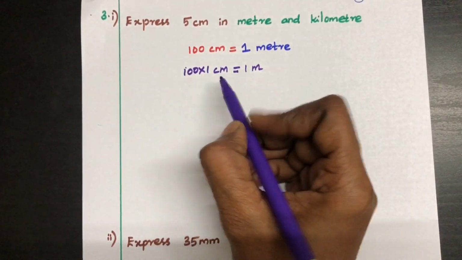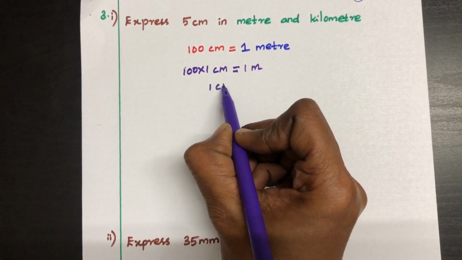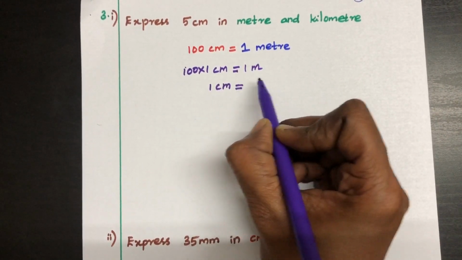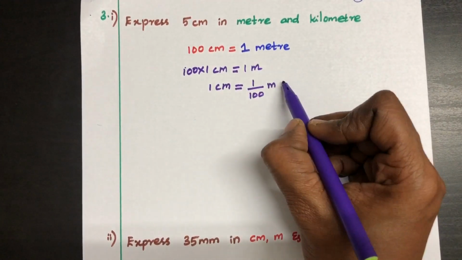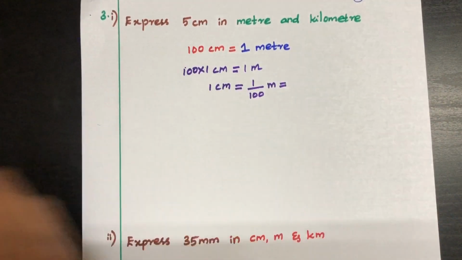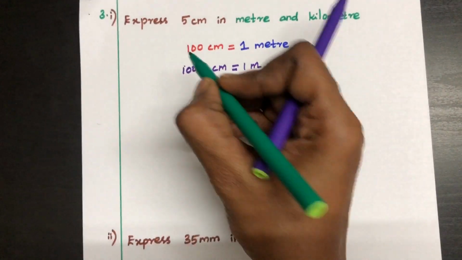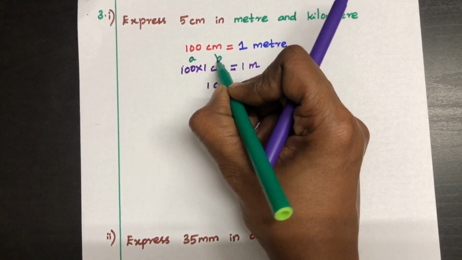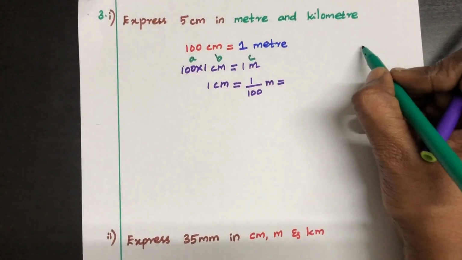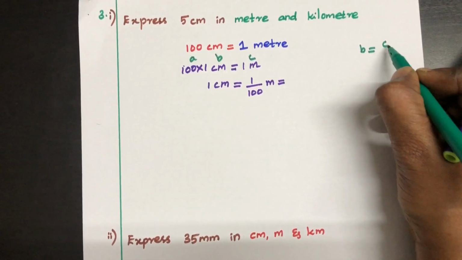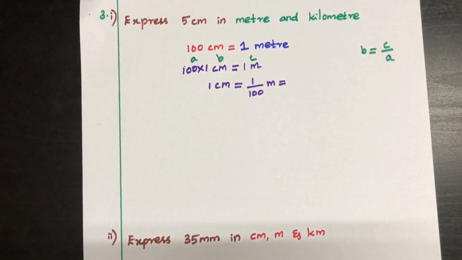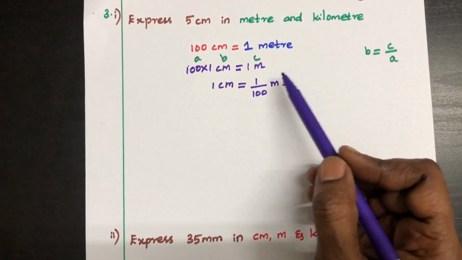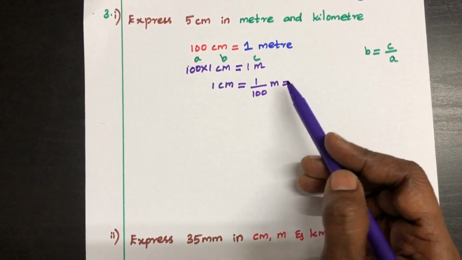Now, what is 1 centimeter value as meter? 1 divided by 100 meter. This is A, B, C. If we want B, we need to do C by A. So C by A, 1 by 100 meter.